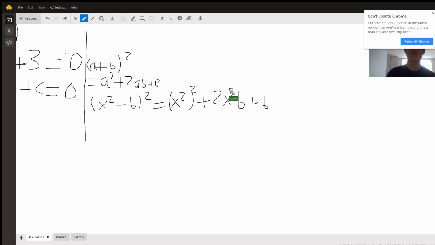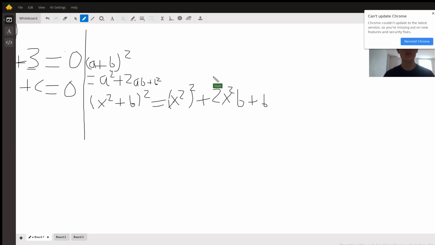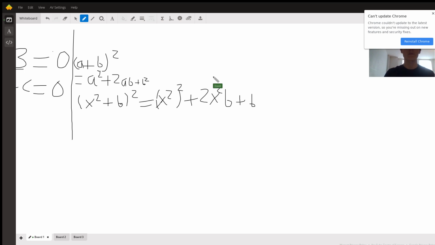We could simplify that further by writing x squared squared as x to the 4th, but the point is that even though x squared is not just one variable, we can still apply this rule to it. An algebraic rule describes relationships between addition and multiplication, or subtraction and division, that hold for all numbers.